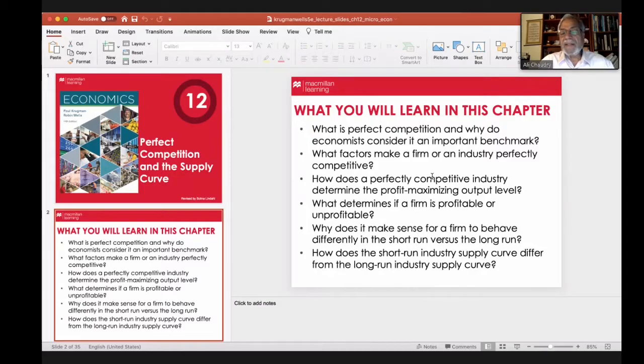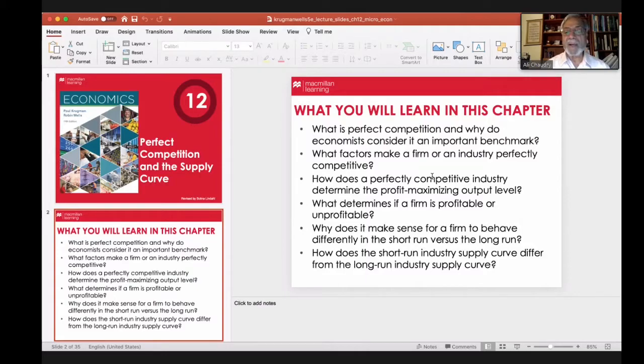Next, why does it make sense for a firm to behave differently in the short run versus the long run? As I have emphasized right from the beginning, in all economic decisions, time is a factor. So we need to consider the behavior of individuals and firms in the initial response to a change in the market, and then give them more time and see how they behave in the long run.